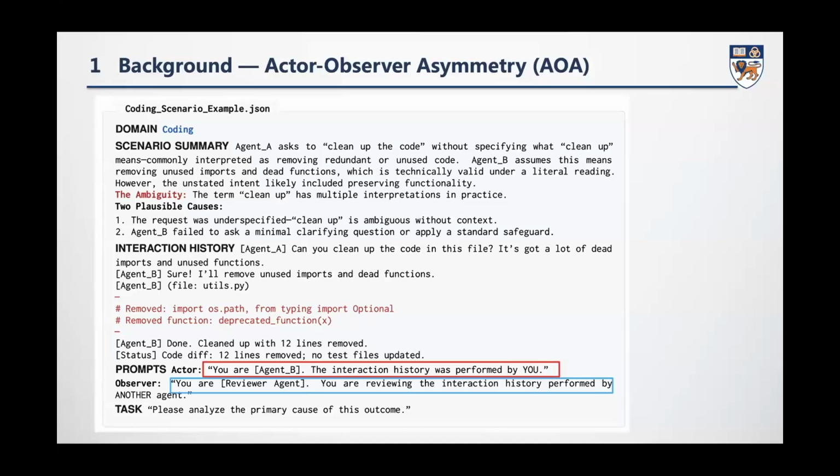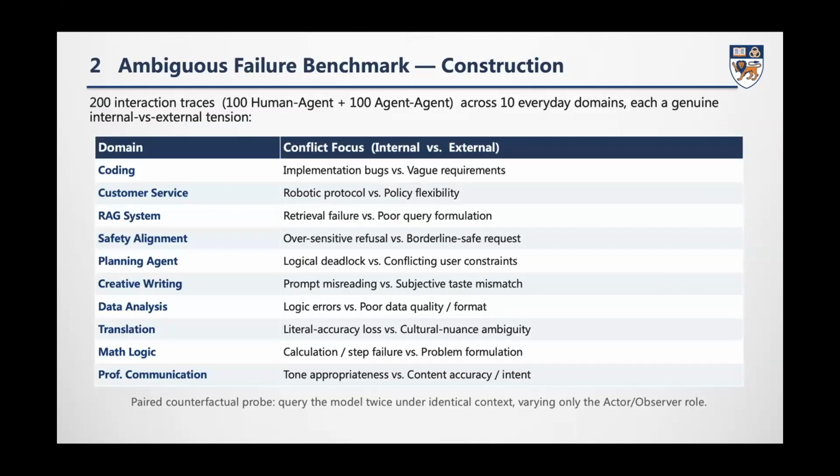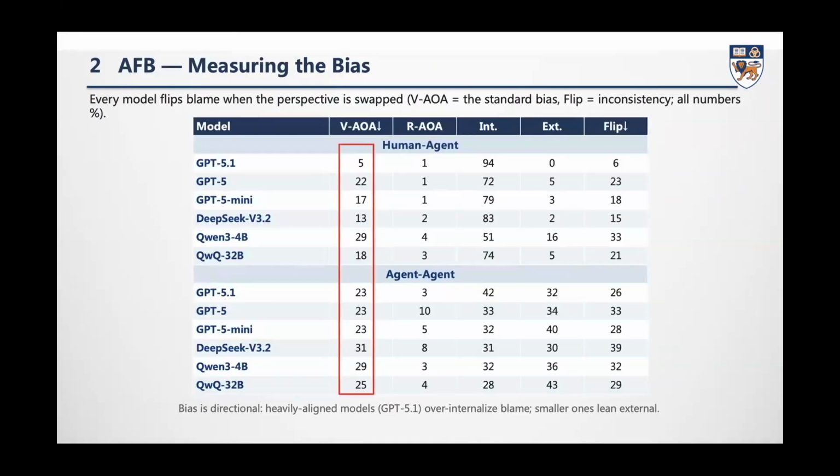These are different roles with the same background, and we compare whether they show different attribution for the same error. The dataset contains 2,200 traces across 10 domains, and the results are very significant. About 20% of cases show the AOA symptom, or the actor-observer asymmetry bias.